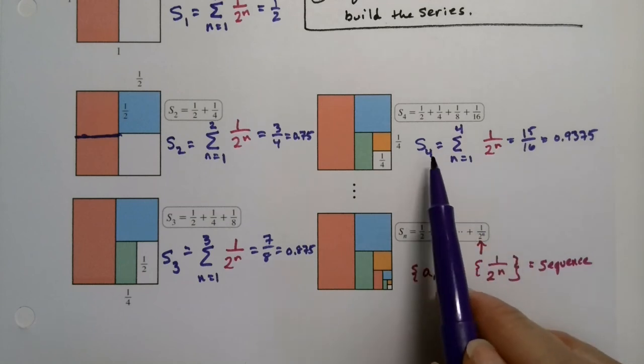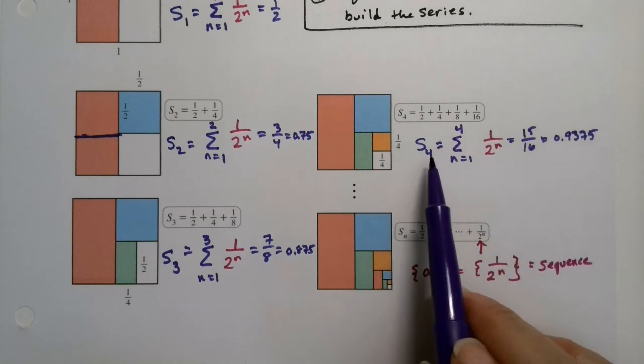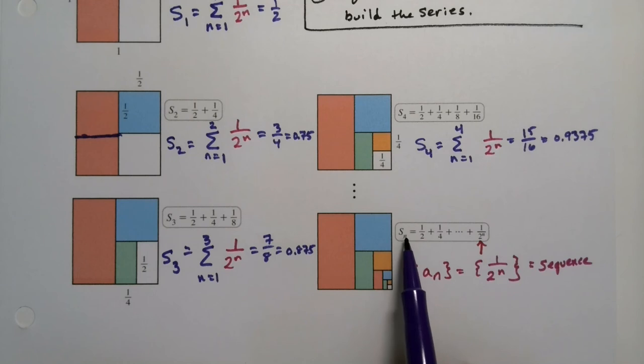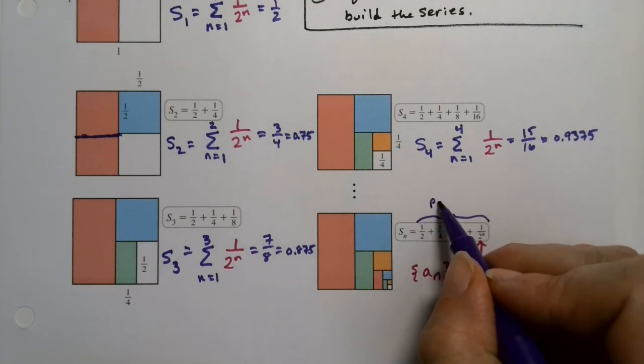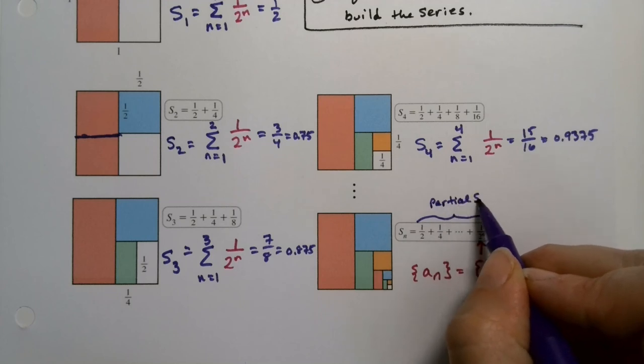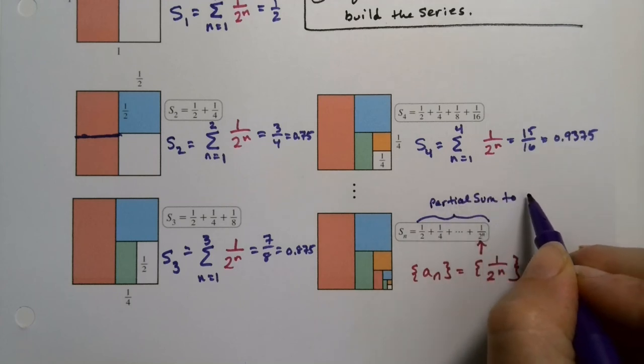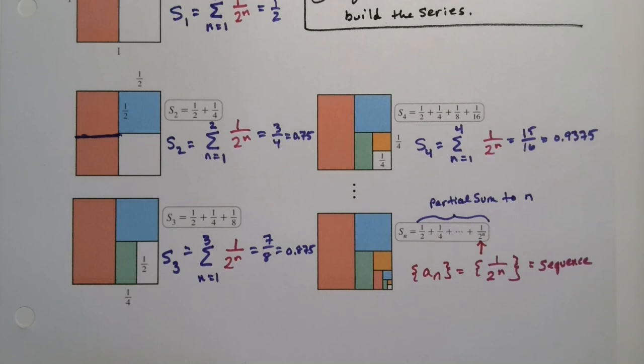So I've added up the first 4 terms. I've added up part of that sum. Now S sub n would be adding up n terms, right? It's a partial sum. You're adding up part of it to n, as opposed to the infinite series, which would be adding up to infinity.